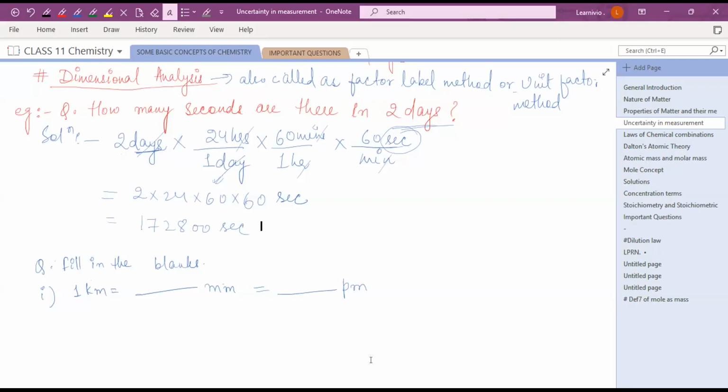Aisha, do this question and tell me the answer. In 1 kilometer, how many millimeters are there and how many picometers are there?